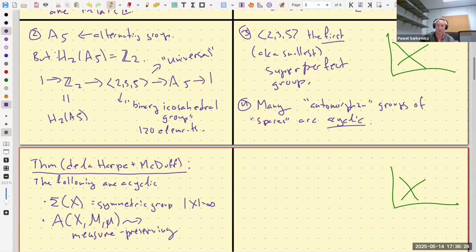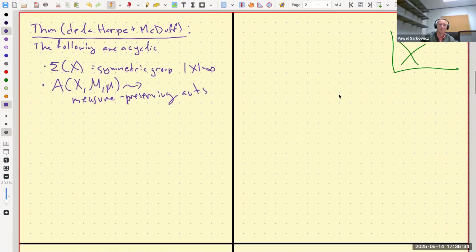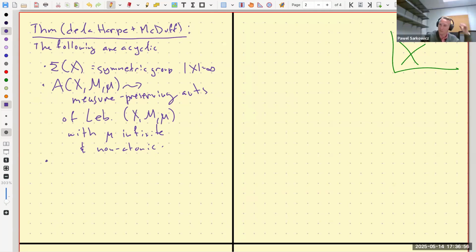So there's measure preserving automorphisms of a Lebesgue space with mu infinite, so it's not finite, and non-atomic. So we get automorphisms coming from measure theory, which would tell us that things in certain von Neumann algebras, at least in the infinite setting, should be acyclic as well.